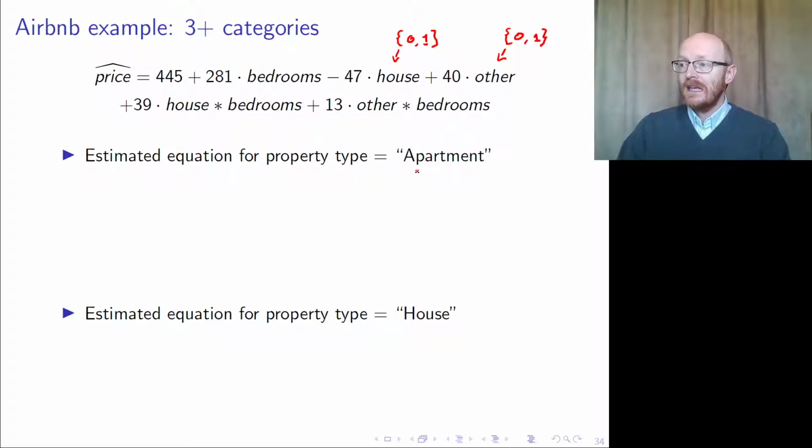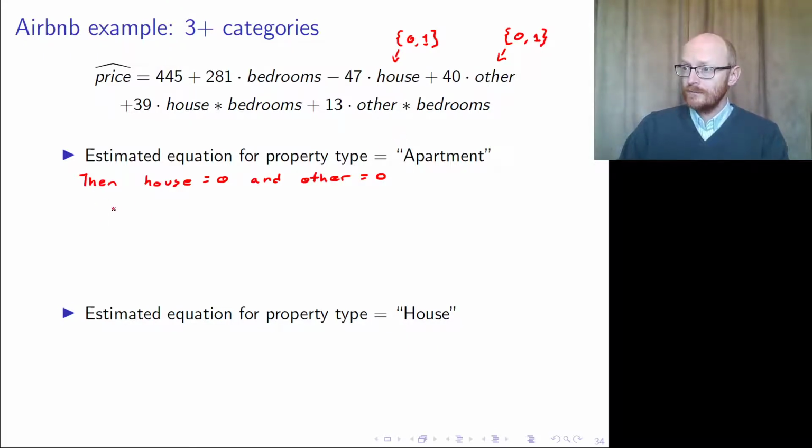Okay, so if the property type is apartment, then house equals 0 and other equals 0, and because house and other equal 0, then the product house times bedrooms is also equal to 0, and other times bedrooms is also equal to 0.